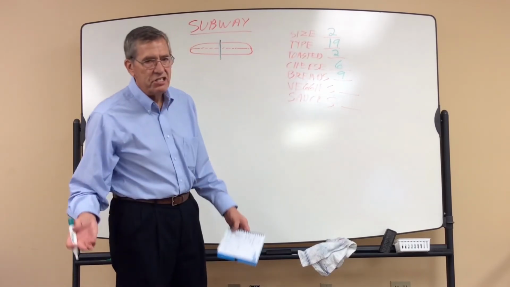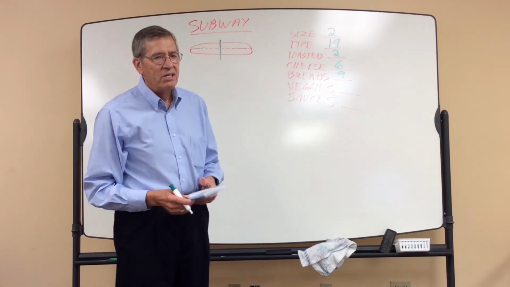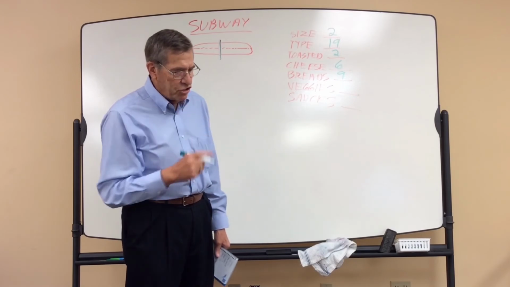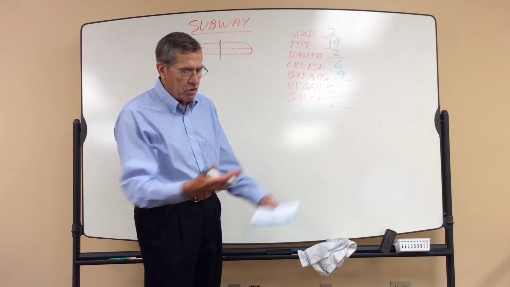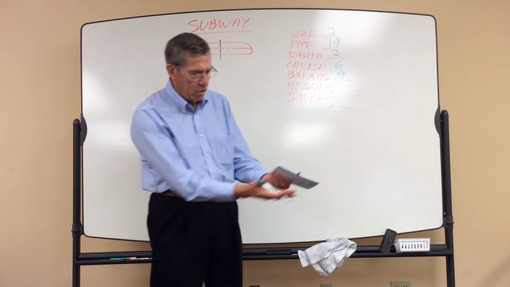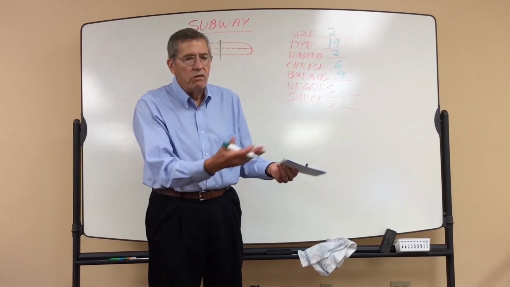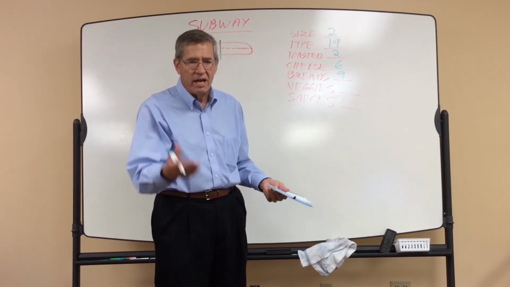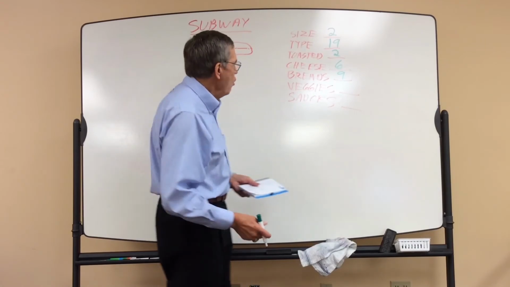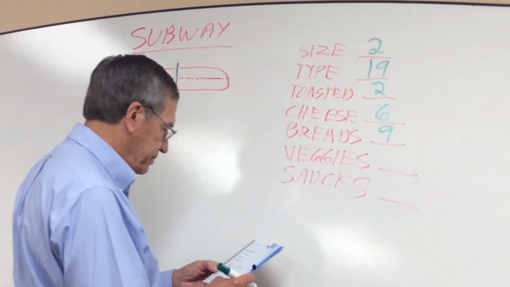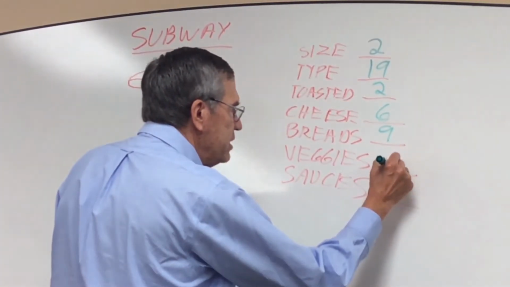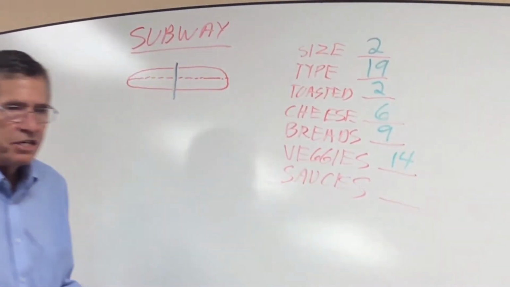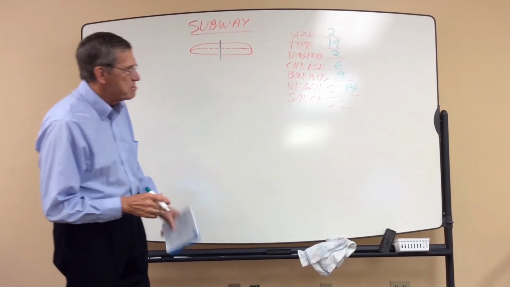Now we come to veggies. Veggies is a real issue here with Subway sandwiches. So your sandwich is in front of you, and what would you like on it? They often say lettuce and what else, because almost everyone wants lettuce. Well, in terms of veggies, there are 14 different veggies. Now, how do we handle that?